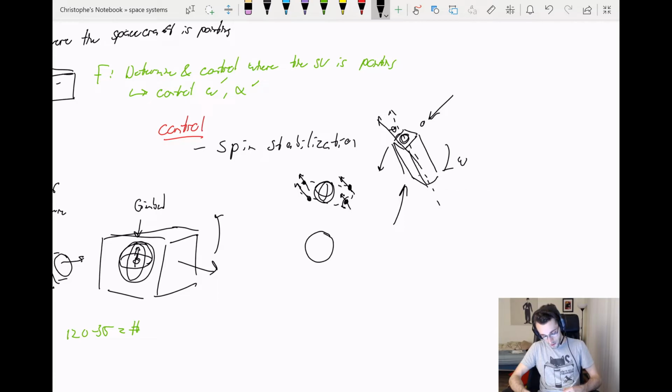So if I wanted to be looking at the Earth at all points in time, let me just redraw the orbit here. What I'd really want is a vector that looks along my nadir vector regardless of where I am, right? So if I was at point 1, point 2, or point 3, I'd be looking at the Earth no matter what.